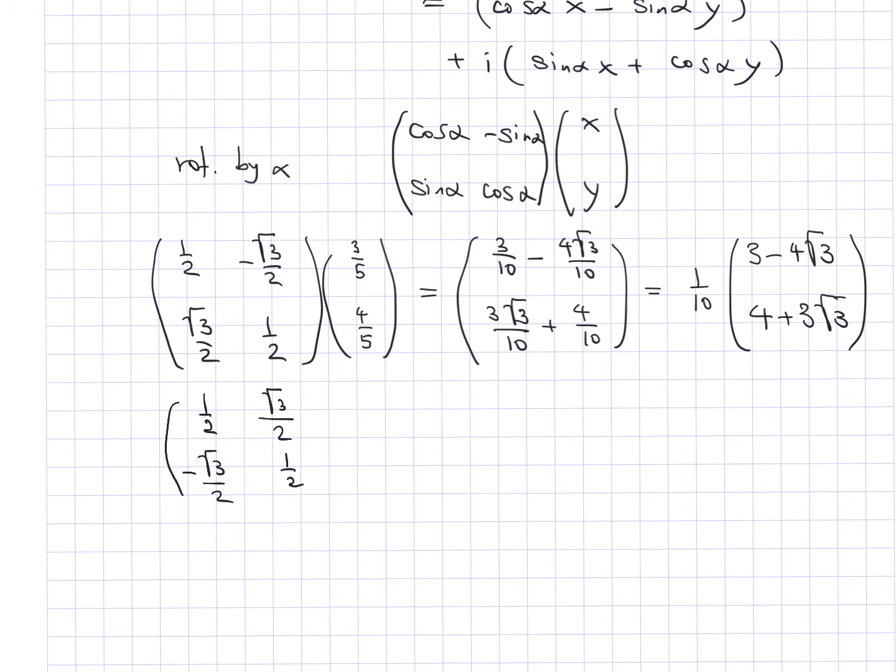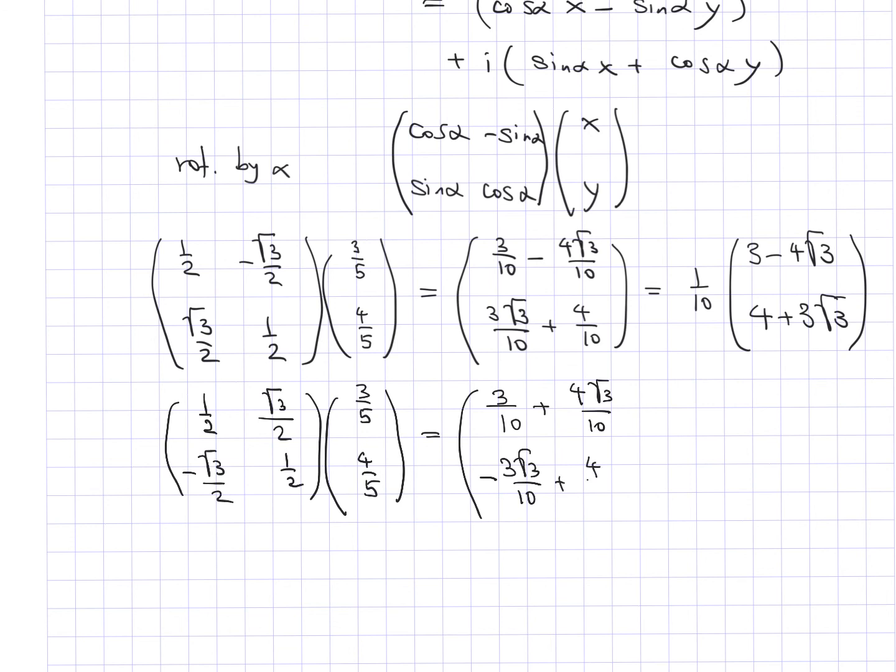And so 3 over 5, 4 over 5 equals 3 over 10 plus 4 times square root of 3 over 10. So that's a relatively large positive x component, and then here you're going to get minus 3 times square root of 3 over 10 plus 4 over 10.